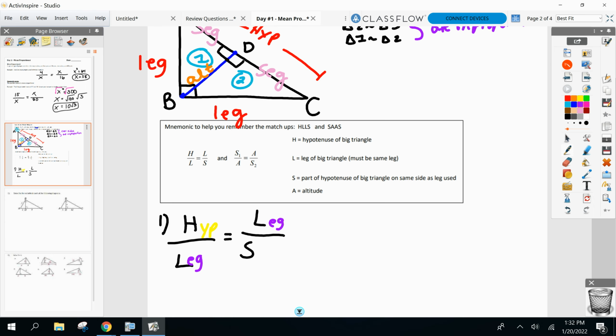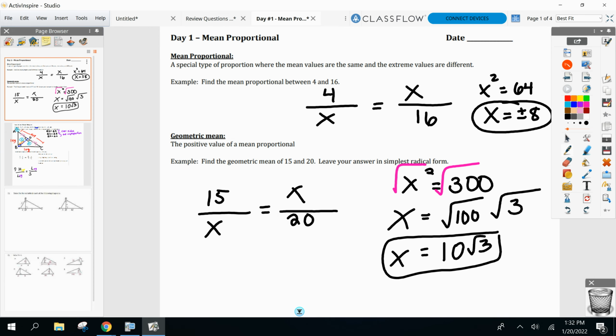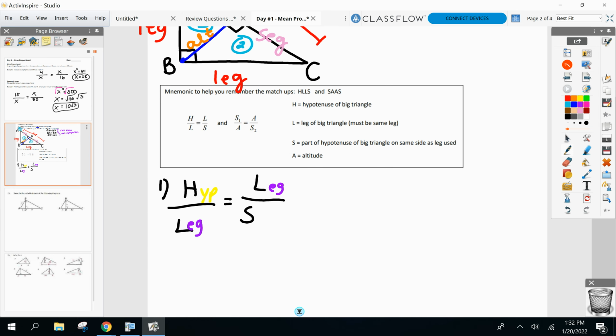Same leg. Same value. Aren't we setting up mean proportionals? That's all we're setting up right now. All right, the legs are equal in hills. We all good? They have to be, because the means are always going to be the same.